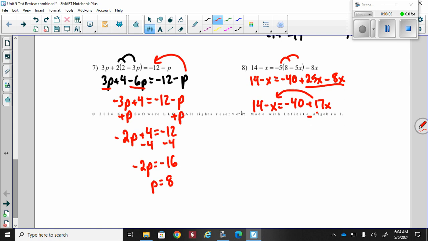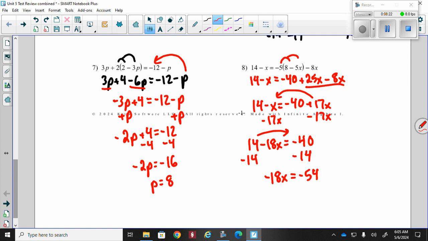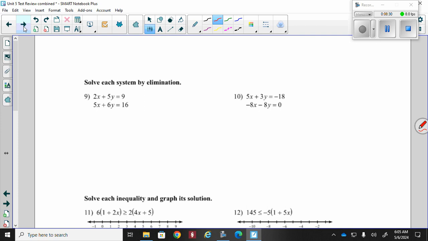So now it'll be -17x minus 17x. That's 14 minus 18x is equal to -40. Then I'm going to take this 14, throw it over here by subtracting 14, subtracting 14. So -18x is equal to -54, and then divide by -18, and I believe x is going to equal +3.